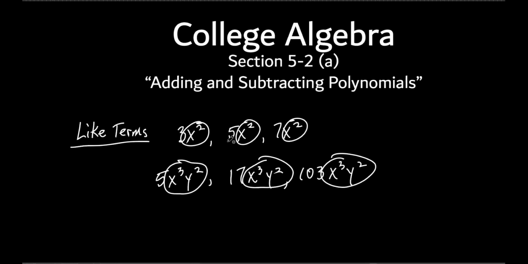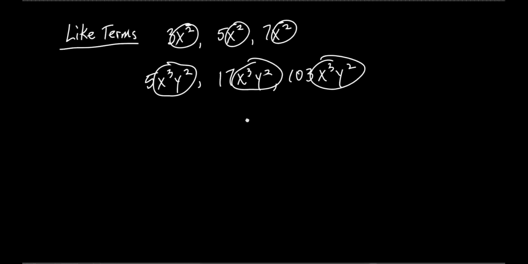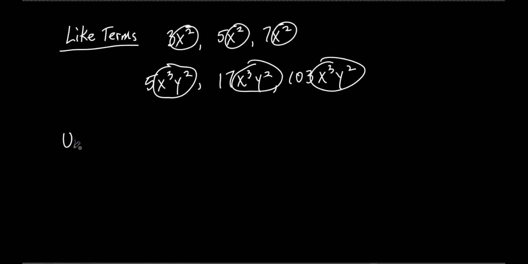All right. What if we had some unlike terms? Oops, the paper's going to blow away here. Here's an example of some unlike terms. So let's write that down. Unlike terms. Right now we're not really doing any math, like I said we were. This is pretty much the only time we're just going to talk about stuff.